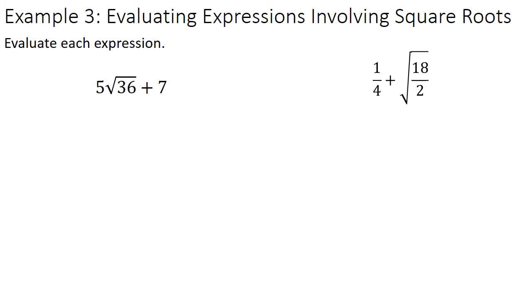So as we begin evaluating expressions involving square roots, what we want to do is understand where this square root happens in order of PEMDAS. So when we're thinking of PEMDAS, we have our parentheses, exponents, multiplication, division, addition, and subtraction.